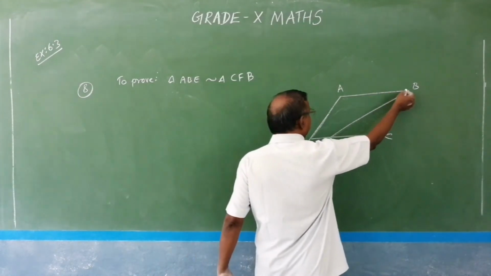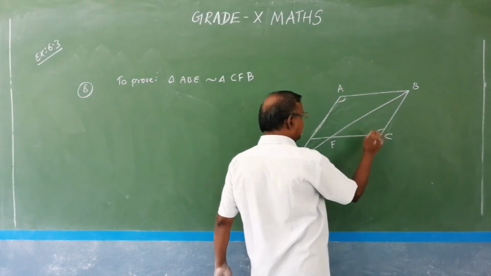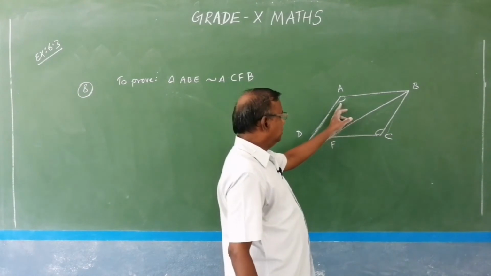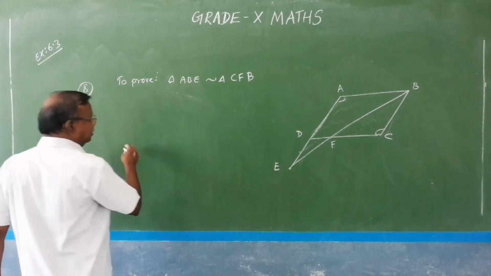Angle BAD is equal to angle BCF because opposite angles of a parallelogram are equal.